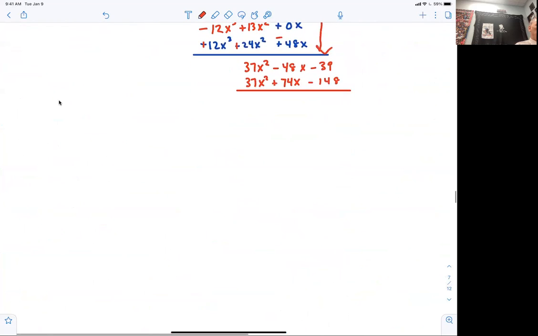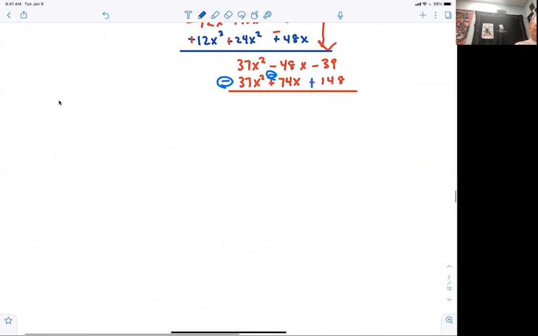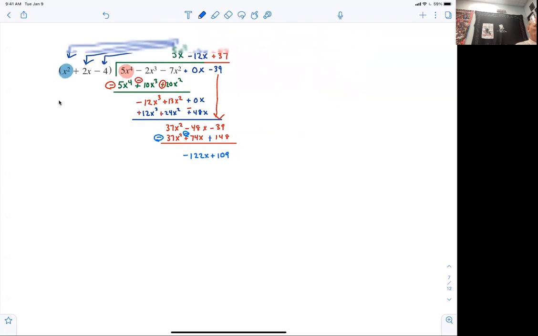Okay, so now help me out here. Change the signs. So negative, negative, positive. So I end up with negative 122, and then that would be plus 100 and what? So I got 109. And so my answer, all right, I don't feel like writing it all out again.